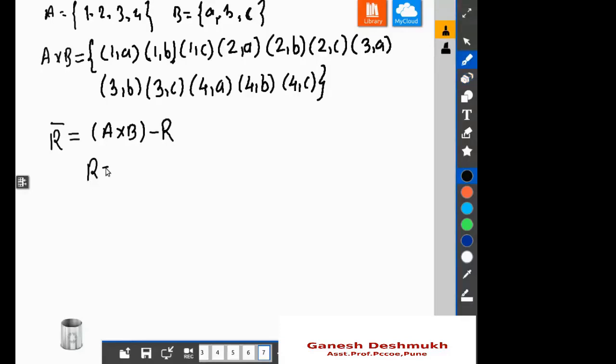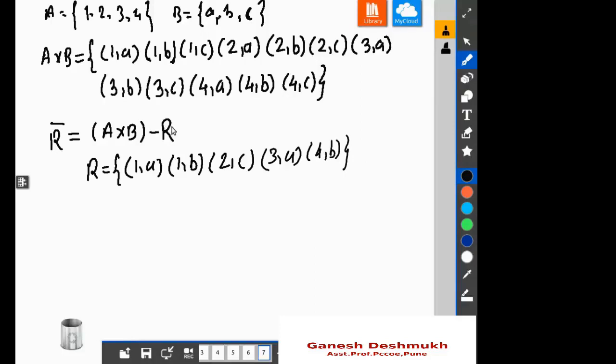Your R is given as 1a, 1b, 2c, 3a, and 4b.